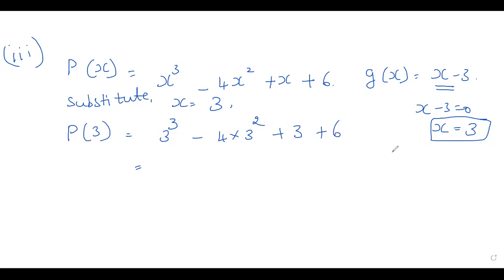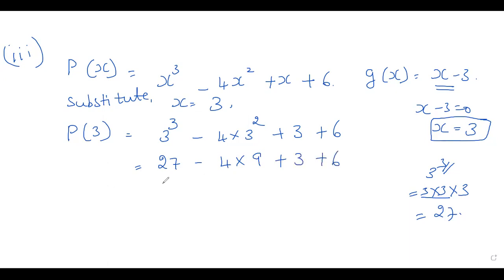What is the value of 3 cube? You have to multiply the base, that is 3. How many times? Power is 3. So you have to multiply 3 times. You have to multiply the base as many times as the power. 3 3s are 9, 9 3s are 27. 27 minus 4 into 3 square is 9, plus 3 plus 6.